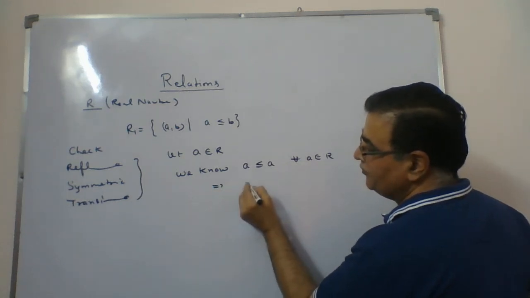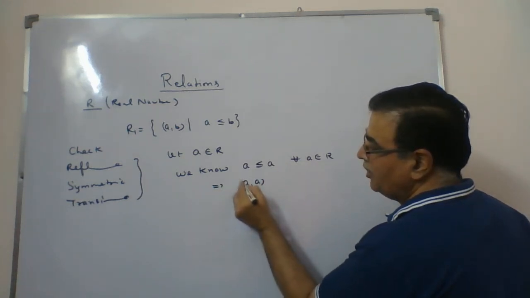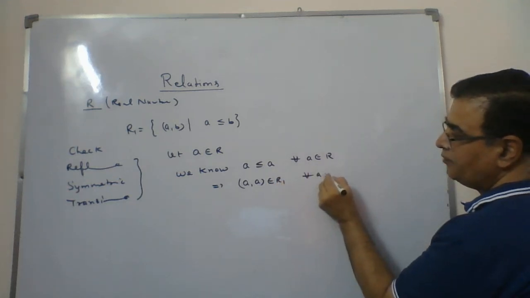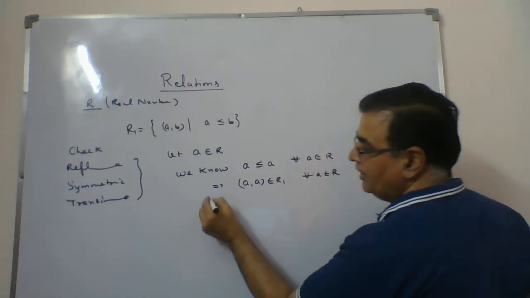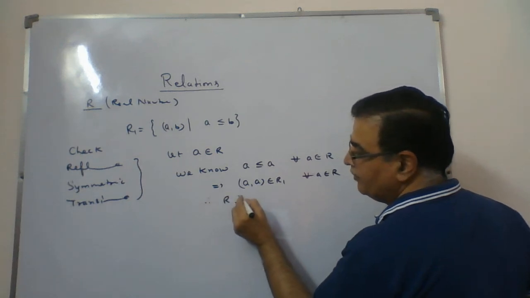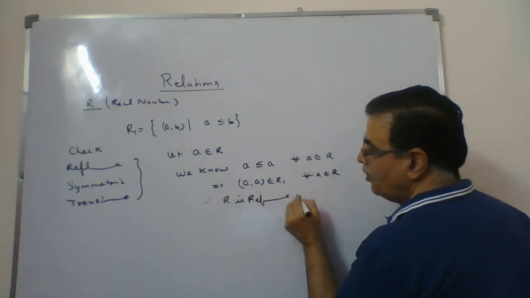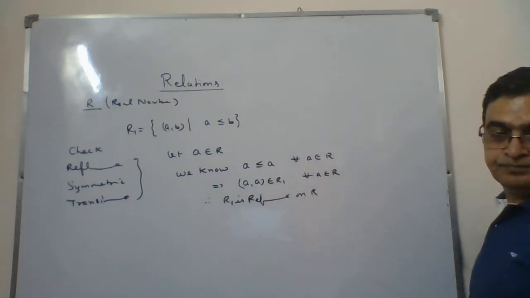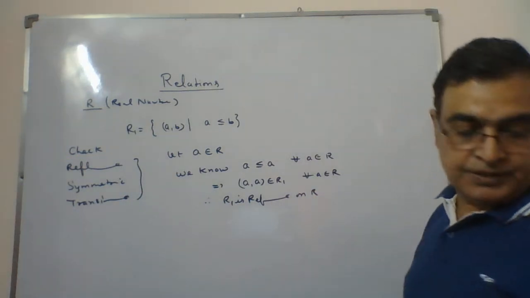This implies A, A belongs to R1, for all A belongs to R. Therefore R1 is reflexive on R. First part we have completed.